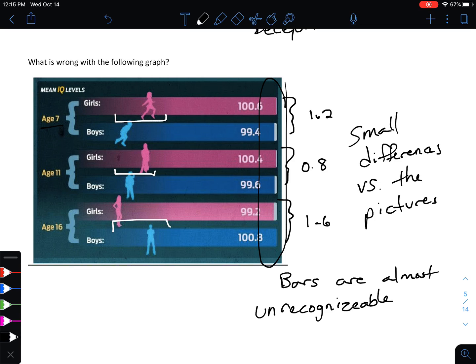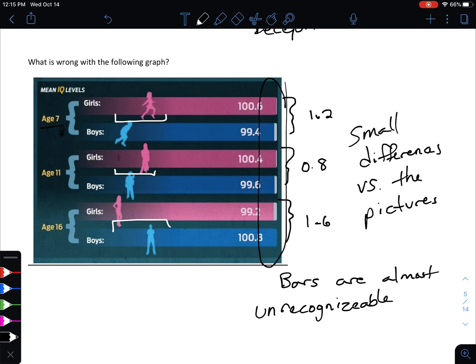And once you notice that, it probably becomes even more apparent that, wow, there is really not that big of a difference between these. The bars even indicate that. So definitely not a good graph if you're trying to, from a mathematical or a statistical standpoint, show that these two IQ levels are different as the ages change.